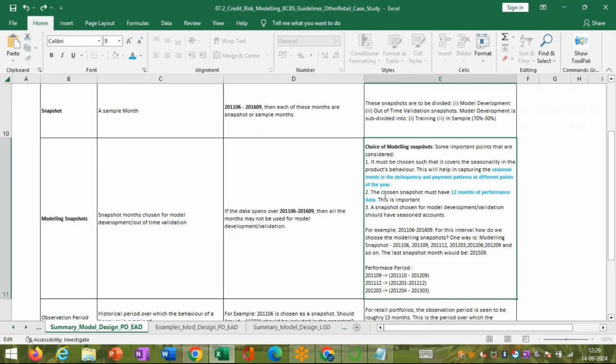I will include that account in that snapshot if it is non-default as on 2011-09, but in the next 12 months the account has defaulted. The default flag is always forward looking. Give me 2 minutes, let me finish this statement. I'll go back to the example that we discussed and I'll clarify your doubt. Okay? Sure. Just give me 2 minutes.